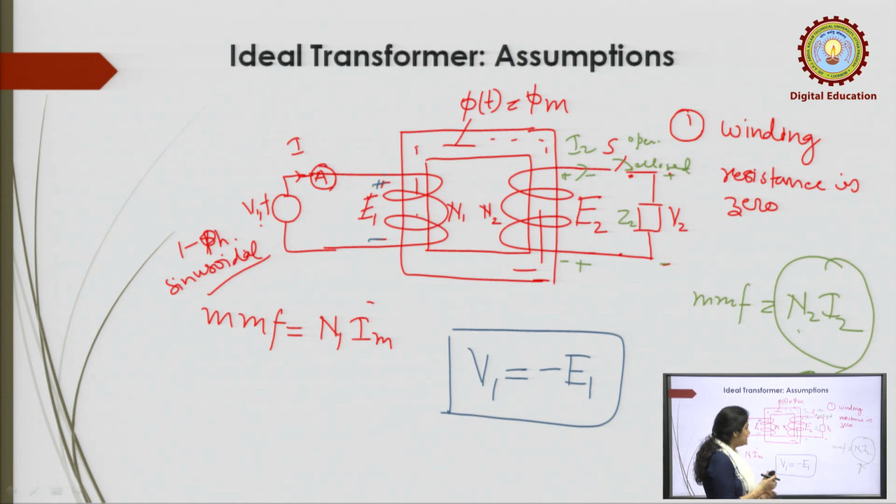so that the core only maintains the flux phi m, the magnetizing flux. So the moment the switch is closed, I2 will start flowing. Suppose the direction of I2 is this way.